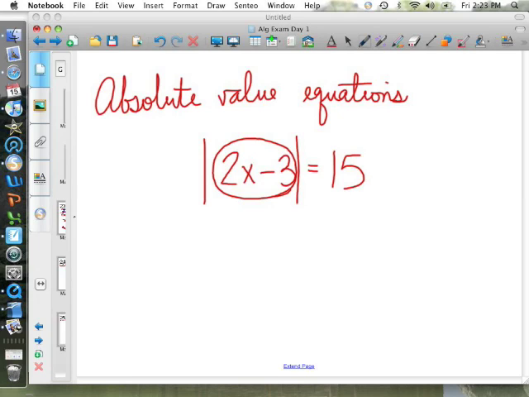Since the answer is inside absolute value, I could get positive 15 and I could get negative 15. So the way I solve this is I set it equal to a positive 15 and a negative 15 and find both of those values.